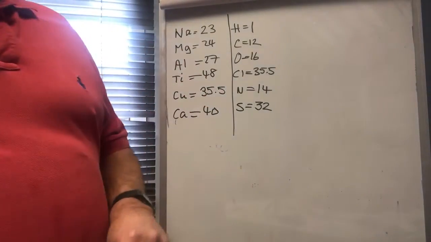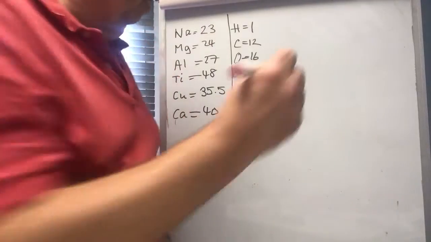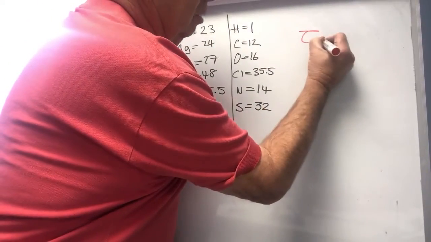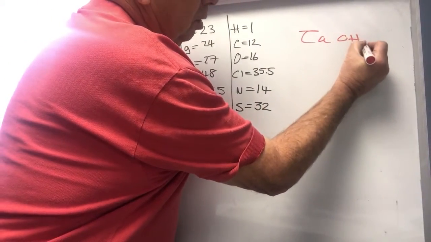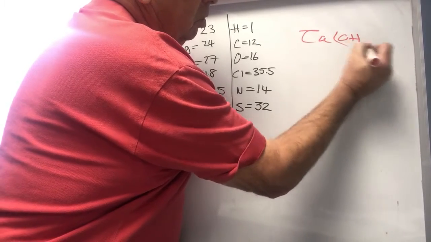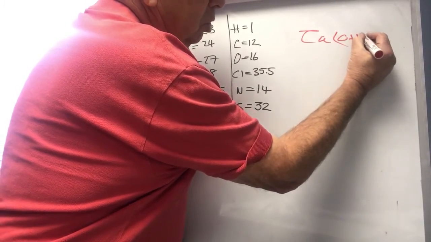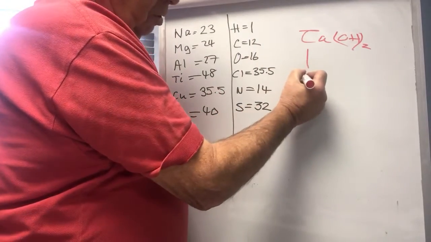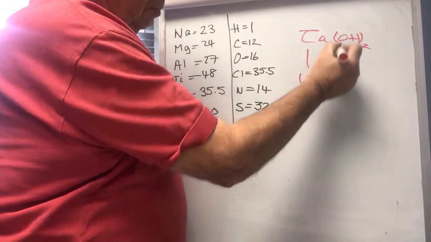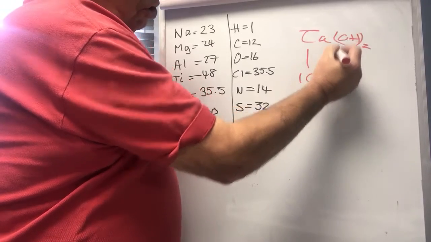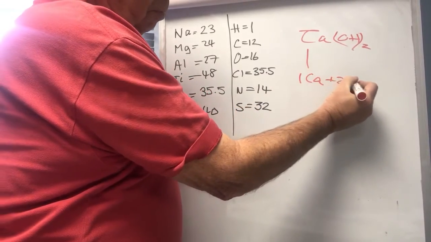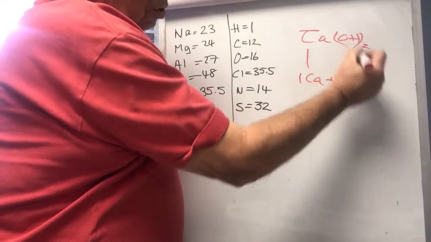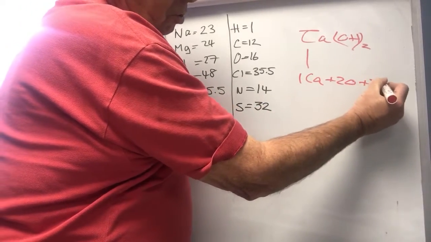Let's look at the relative formula mass of something else. Ca(OH)2, calcium hydroxide. 1 calcium. This time there's 2 oxygens and 2 hydrogens.